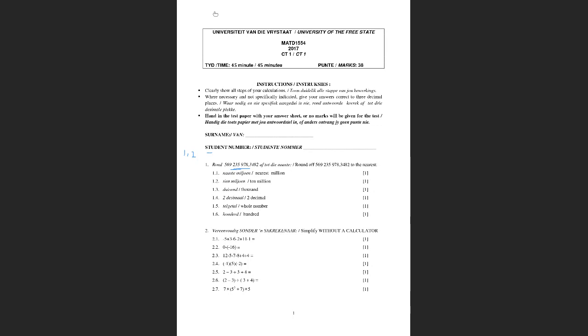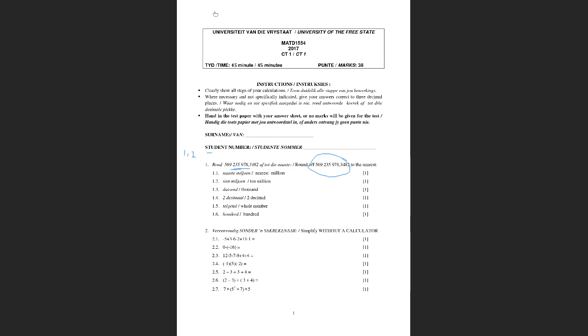What it's trying to say is to approximate whatever the number was, 569,235,978,3482, to the nearest million. This same figure here, round it off to the nearest million. So the nearest million is 9 million. You got my point?